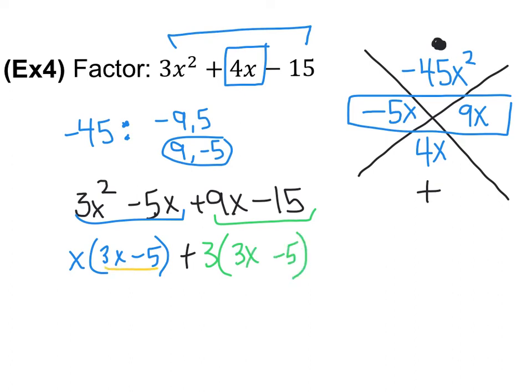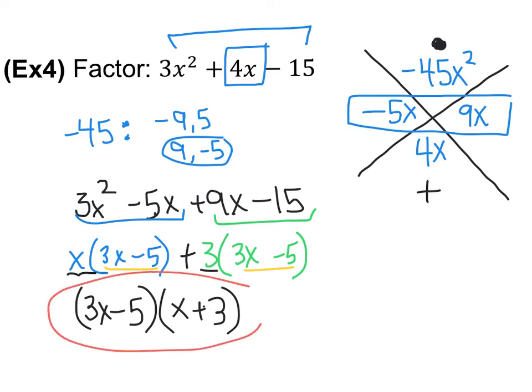In both parentheses, we have the same expression, which is good. We now have a binomial: an x times stuff plus 3 times stuff. So the greatest common factor is what's inside the parentheses, 3x minus 5. And what's left is x plus 3. So this is our answer.